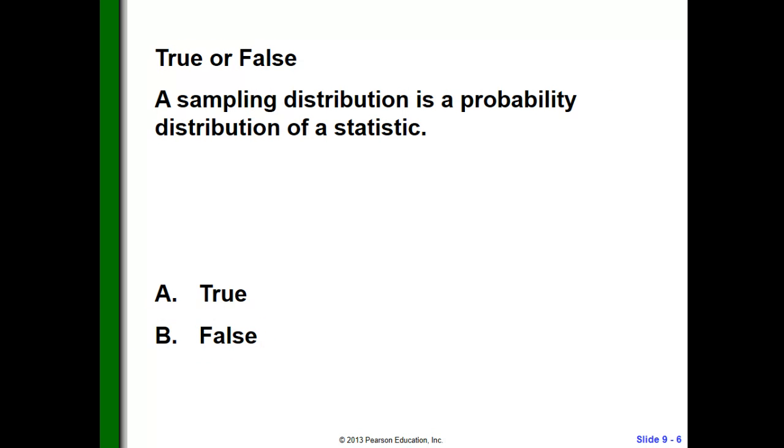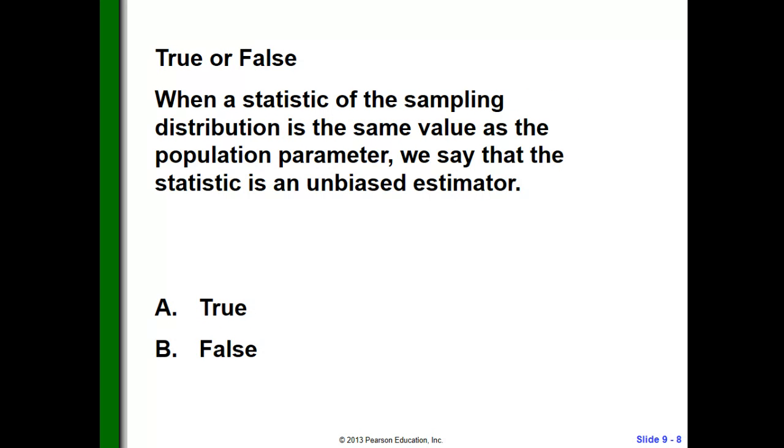A sampling distribution is a probability distribution of a statistic. Okay, and the statistic is usually the population mean, but it can be a proportion. This is true. When a statistic of the sampling distribution is the same value as the population parameter, we say that the statistic is an unbiased estimator.